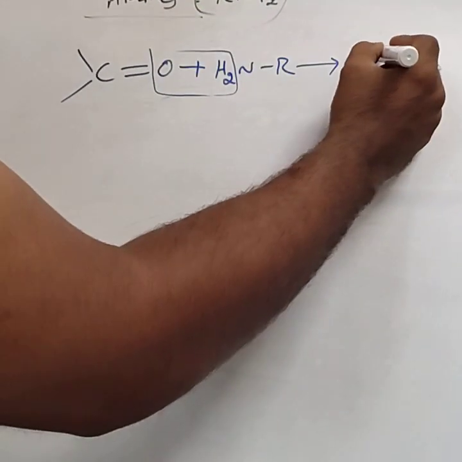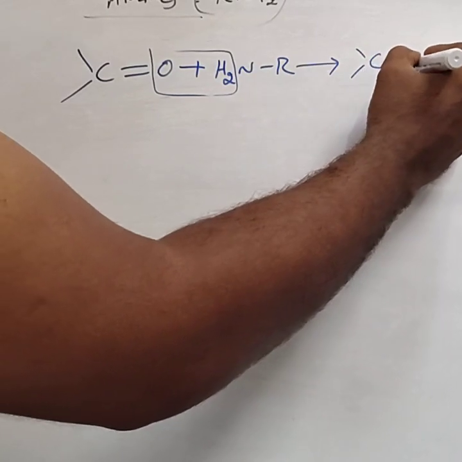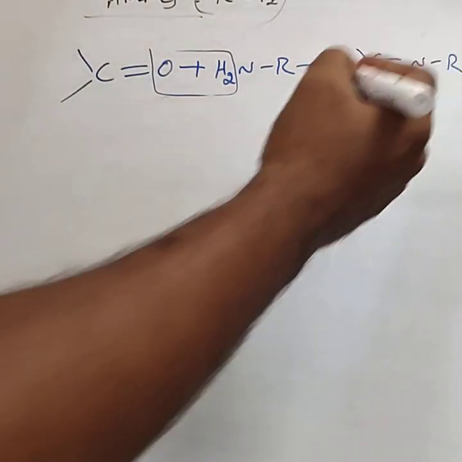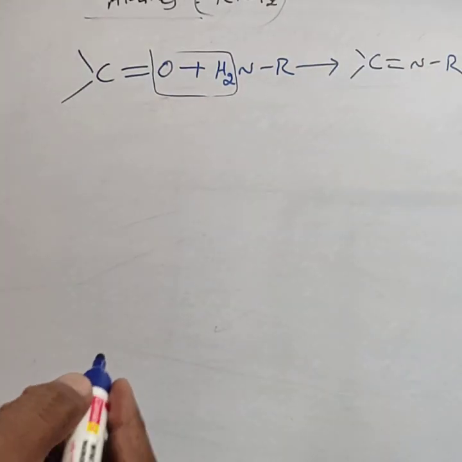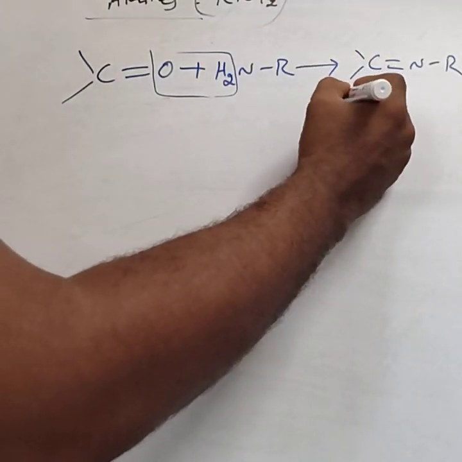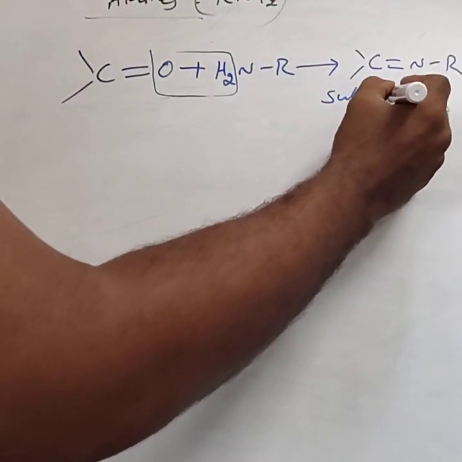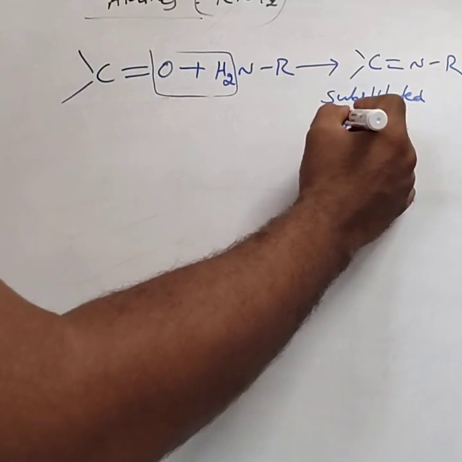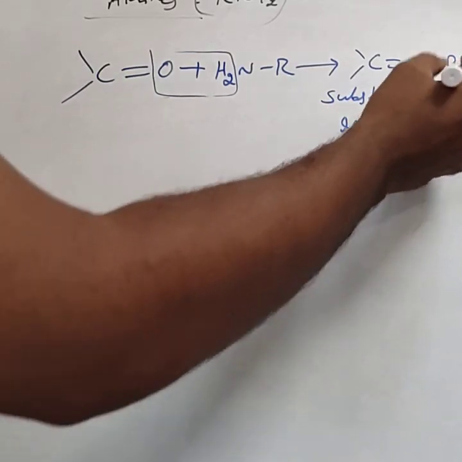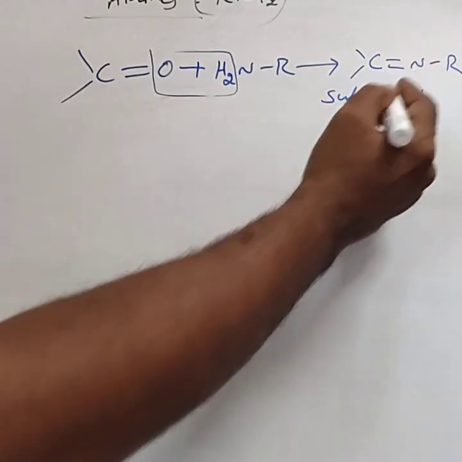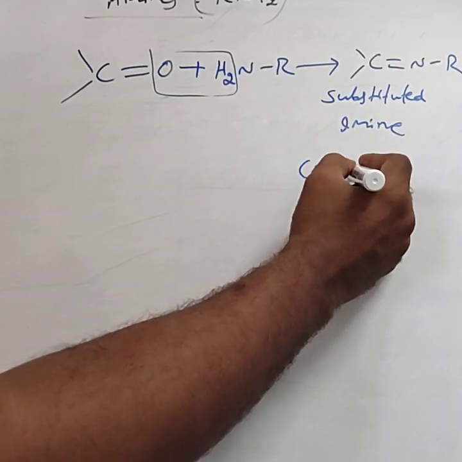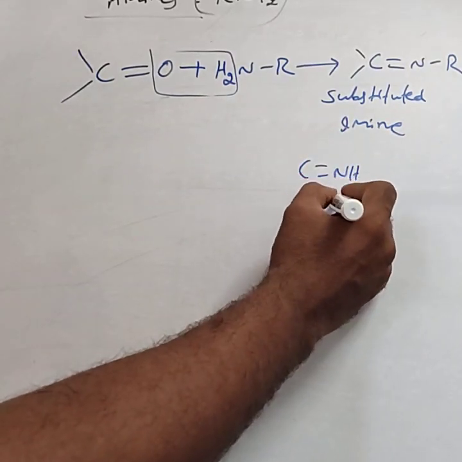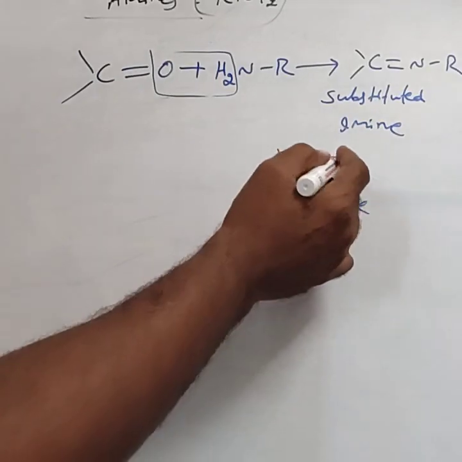Then you get C double bond N, which is called a substituted imine. If you write H in place of R, that is C double bond NH, it is called an imine. It is an imine group.